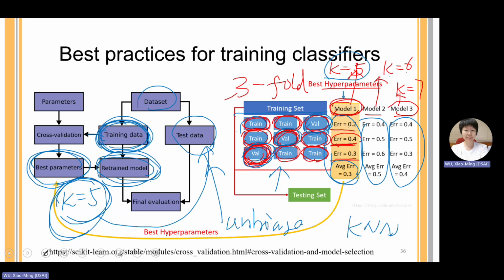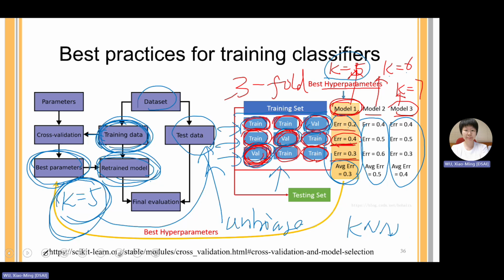Now, let's consider the question we mentioned earlier. What are the benefits of cross-validation? We need to train the model for 3 rounds using different training sets, so it looks very time consuming.